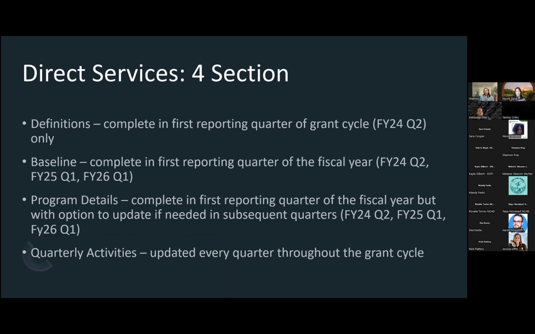As I said, this first quarter is going to be a little bit of a heavier lift. So first, you're going to do this definition section in the first reporting quarter of the grant cycle. If you were to make changes to your definitions, you'll have the opportunity to do that, but ideally your definitions will be set now and they will stay the same for the reporting for the grant cycle. Again, changes can be made later on.